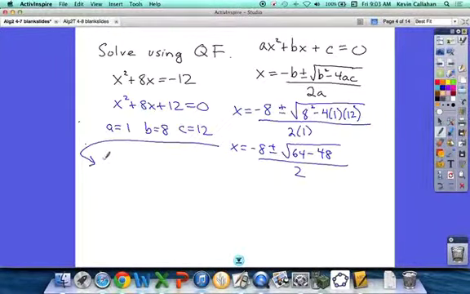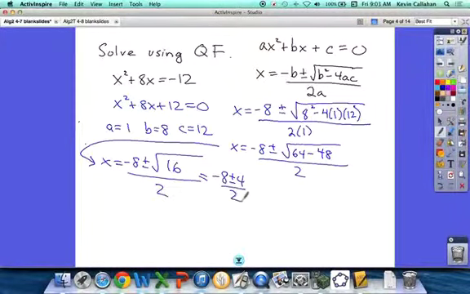So x equals negative 8 plus or minus the square root of 64 minus 48 is 16. And luckily, 16 is a perfect square. What is the square root of 16? 4. Okay, so now we've got negative 8 plus or minus 4 divided by 2.